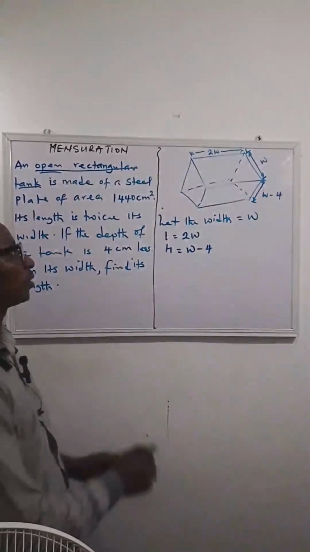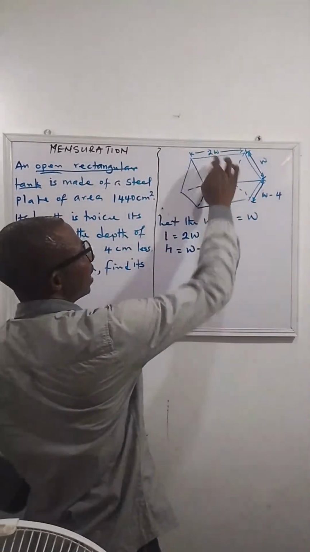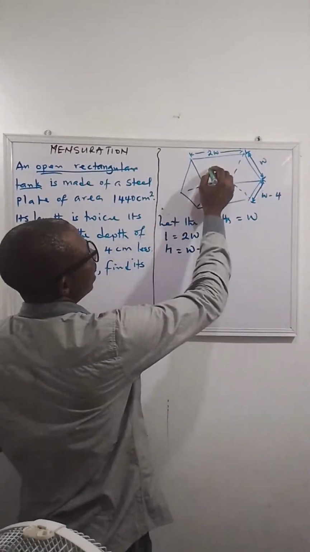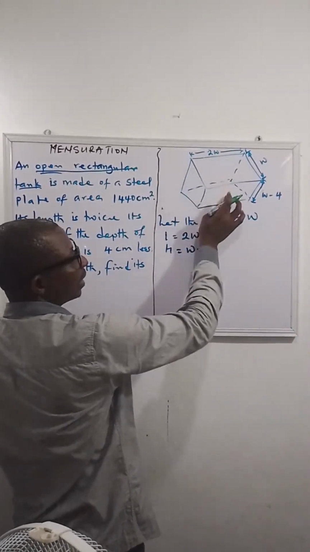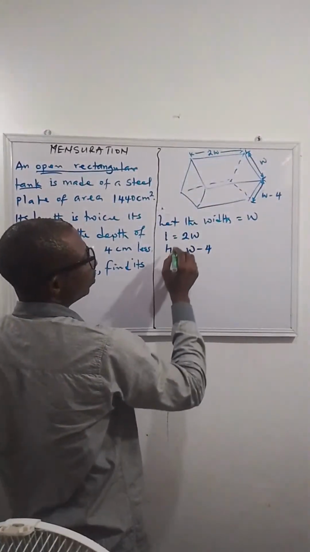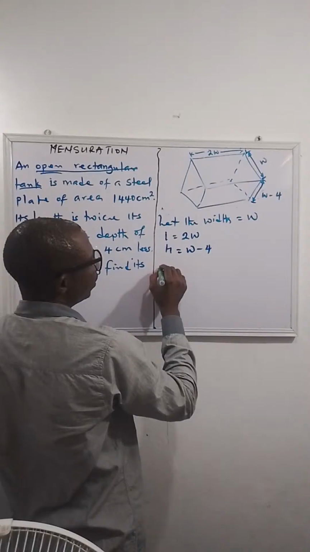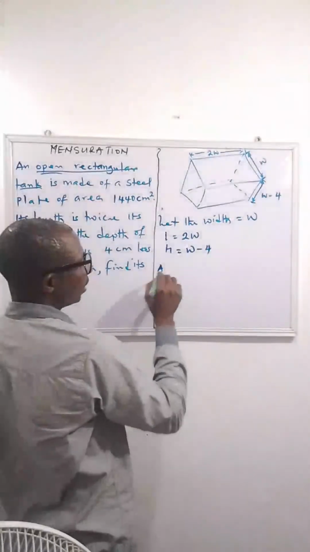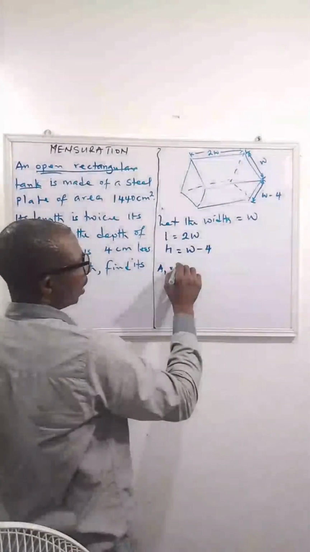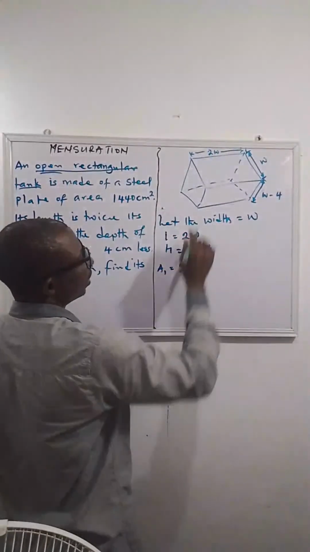Now let's first look at this side here and this side here. They are the same thing. So let's find the area of that. Let's call that area 1. There are 2, so I put 2 times the area of this.